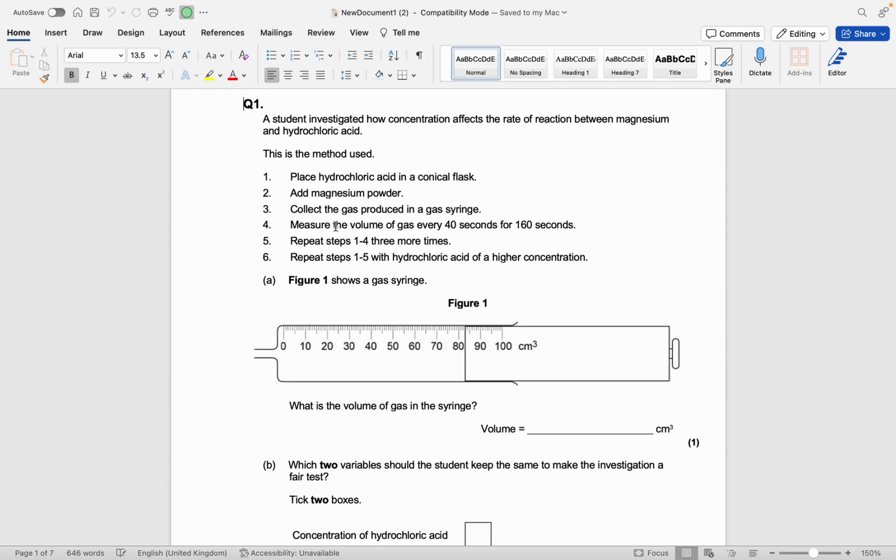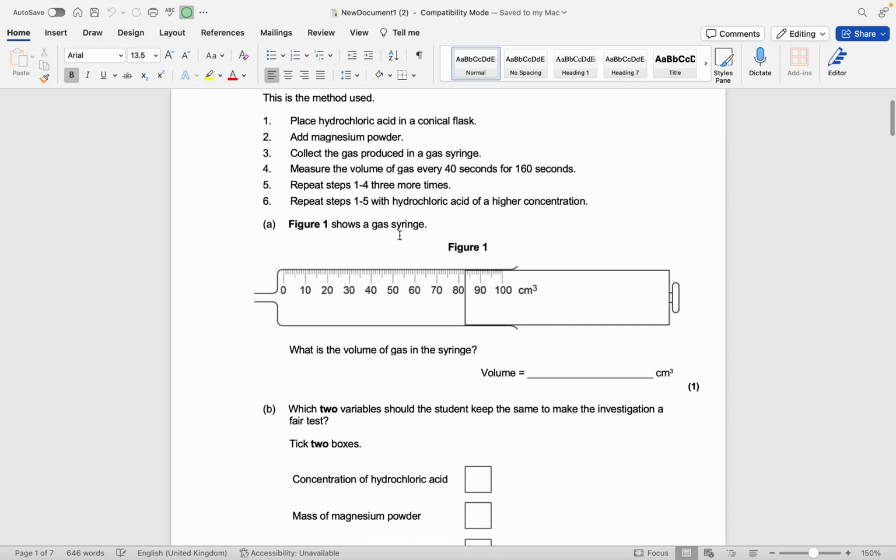Because remember, it's asked us to repeat the steps 1 to 4, 3 more times. So if we want to do it the same, we're going to have to put some control variables in place. So I would just be thinking that when I'd first read that method. Anyway, let's get on with the question.